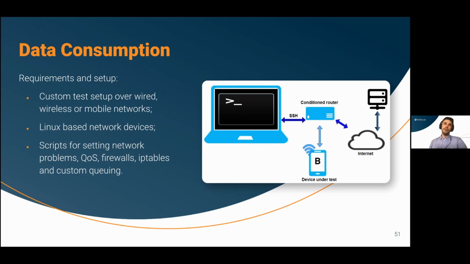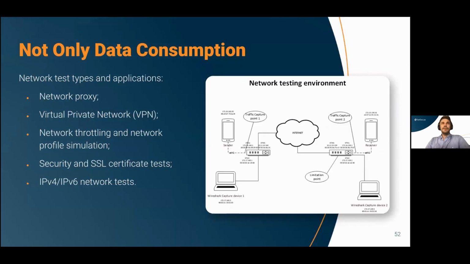Here in Latvia, when we conduct tests, we recently tested against 5G internet. So that's a good thing to have in your location. And of course, not only data consumption is being tested, but also the behavior of the device under different network configurations.